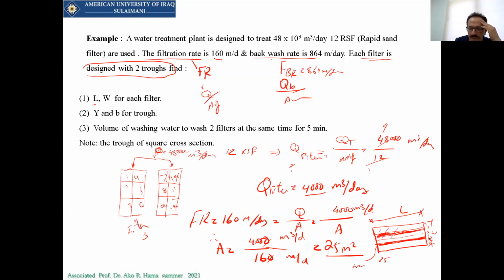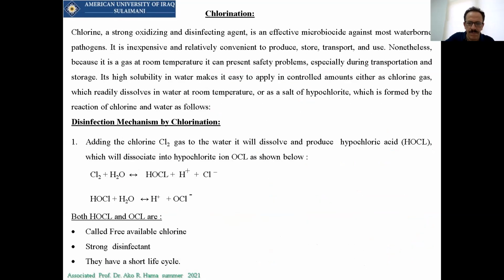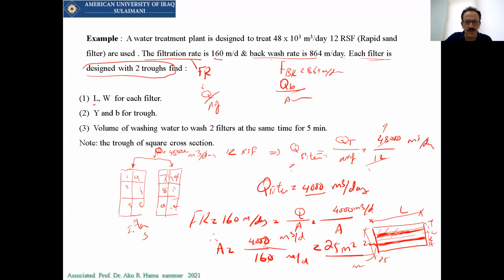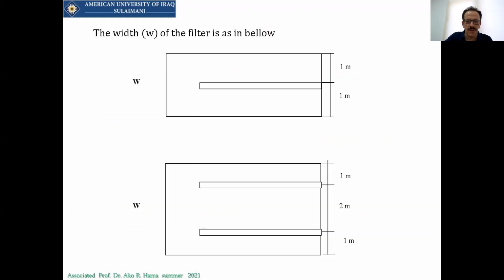Now when we have 2 troughs, it means that the width of this tank will be 2 meters. If I have 3 troughs, then the filters will be 3, like this. Let me show it to you.